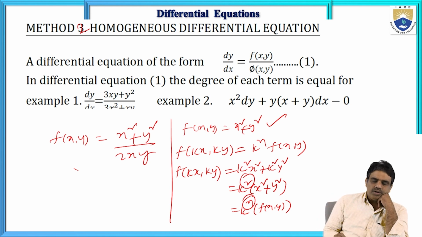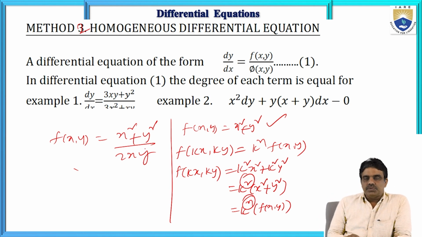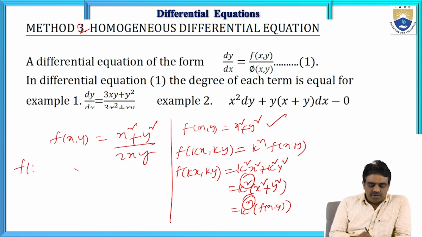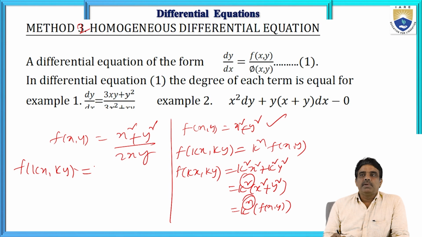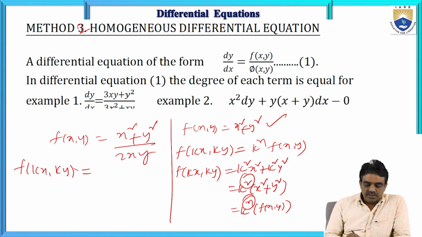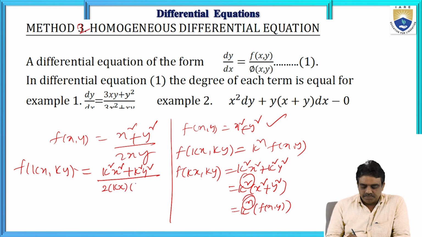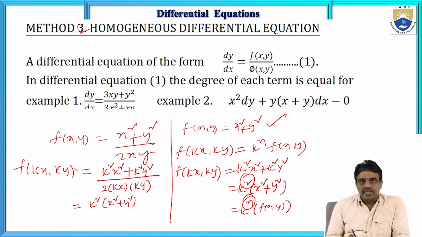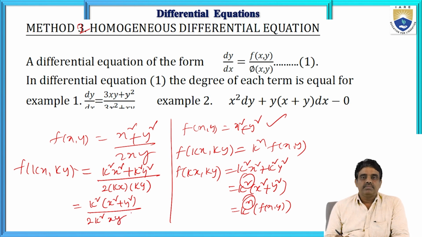Suppose you want to find the degree of this function, we write f of kx comma ky. In place of x we write kx, in place of y we write ky. Then what do we get? k square x square plus k square y square by 2 into kx into ky. In the numerator k square is the common term, x square plus y square, by 2 into k square into xy.